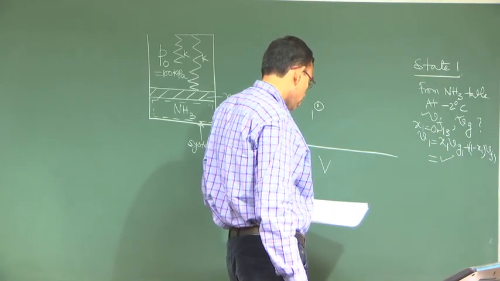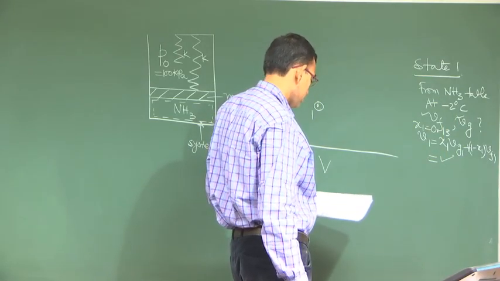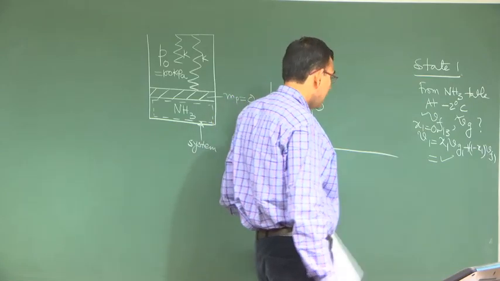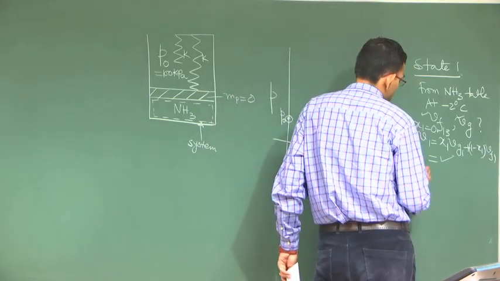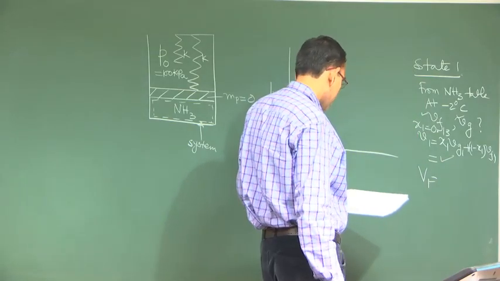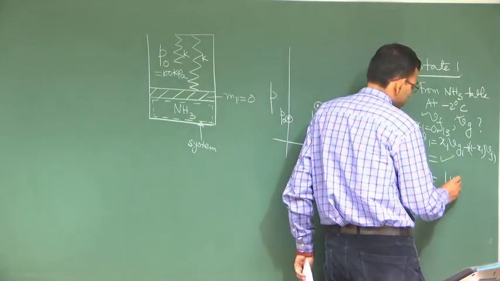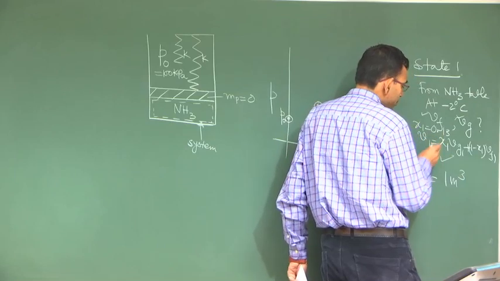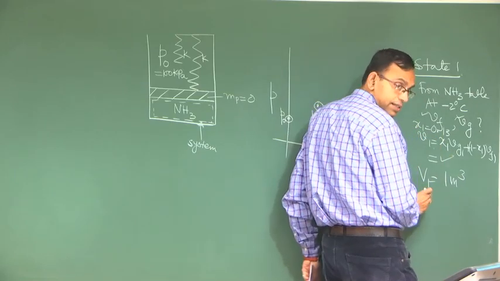So, total volume at state 1 is given, that is 1 meter cube. Small v1 will give you the mass.